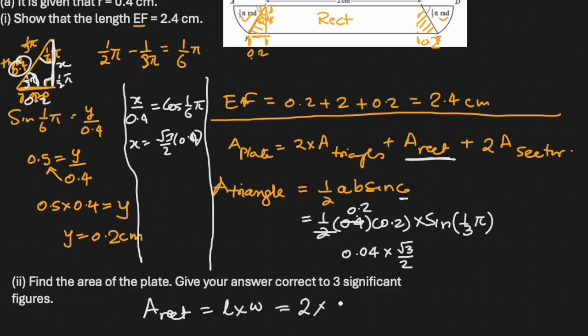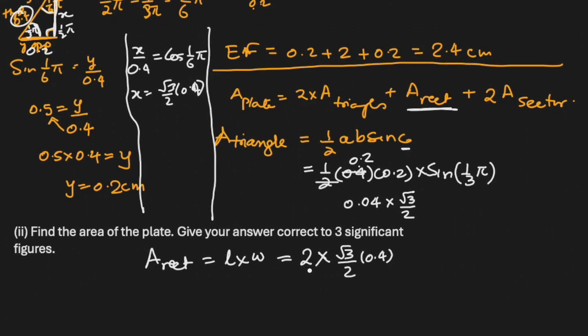Now the width came out to be 0.4 square root 3 over 2, and with the length 2, the 2 and 2 cancel, so 0.4 square root 3. This is the area of the rectangle.